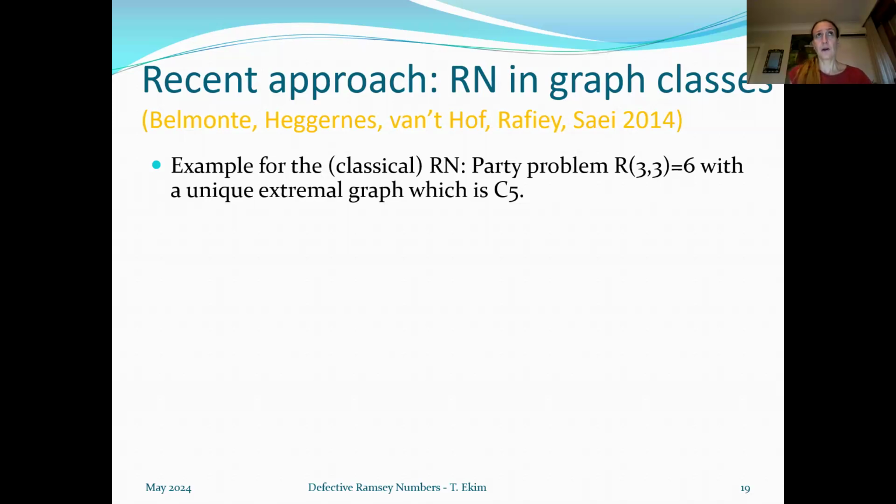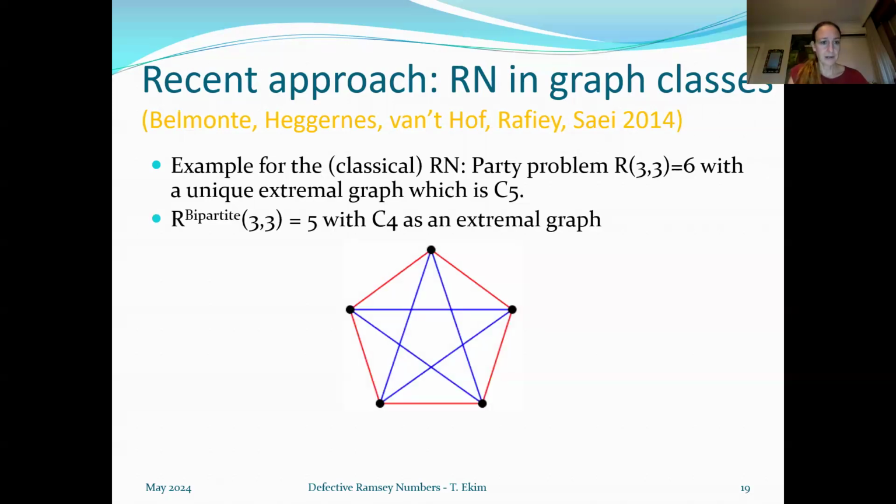What will be the minimum order n of a bipartite graph to guarantee the existence of a clique of size 3 or an independent set of size 3? Well, first of all, there's no clique of size 3 in a bipartite graph. There's no triangle, right? And the unique extremal graph for R33 equals 6, which is the red graph here, C5, is not bipartite either.